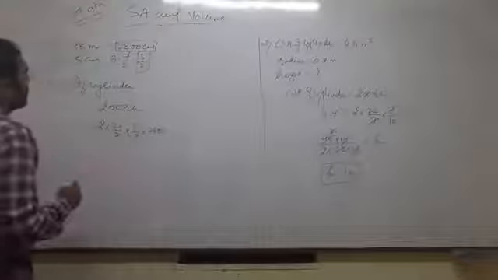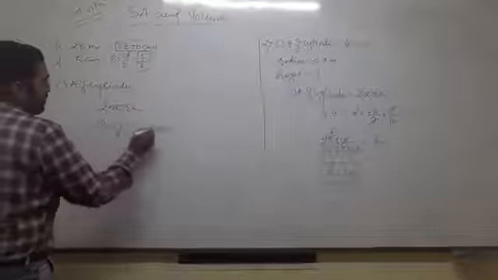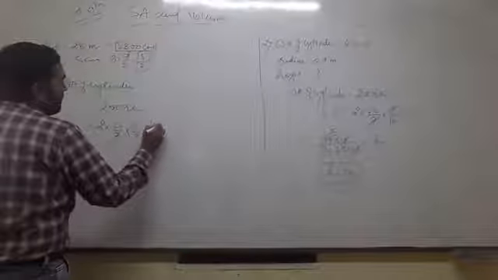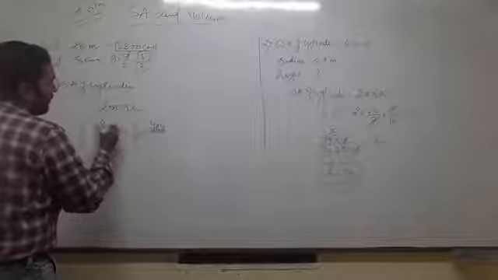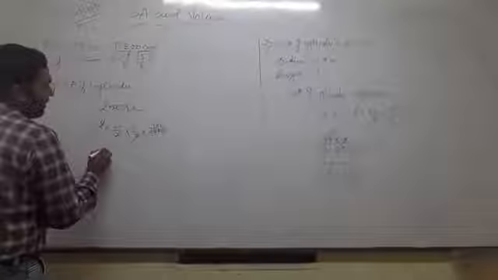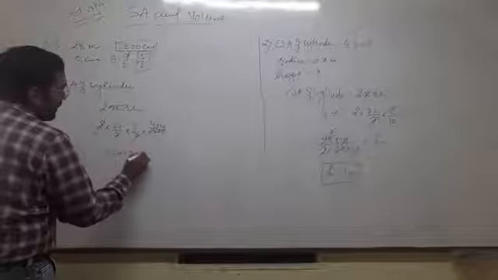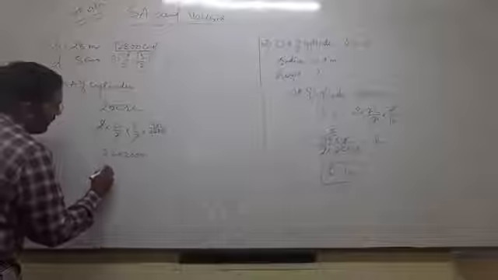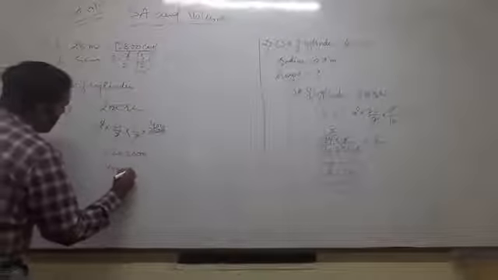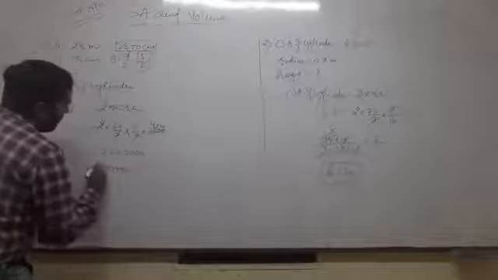2800 is my height. So 7 4s are 28, 400, 2 cancels out. So now 5 4s are 20, 22 into 20 means 2000. Now 22 2s are 44,000 centimeter square.